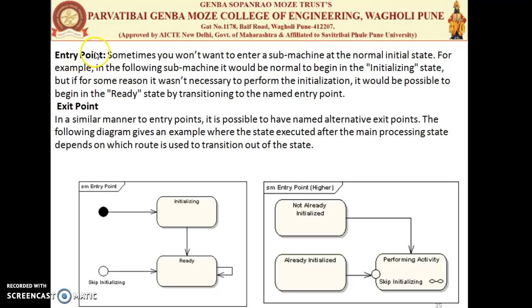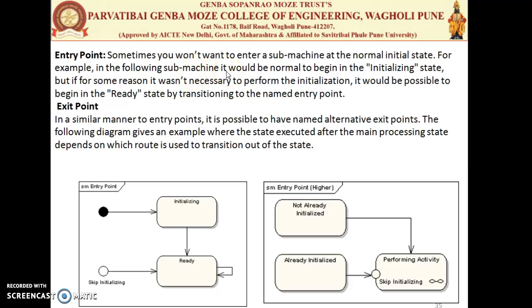Without going through registration for the application or for some portfolio, you just log in with Gmail. You just enter your username and password and you can enter into that new application. So that can be an entry point. That is, sometimes you don't want to enter a submachine at the initial state.